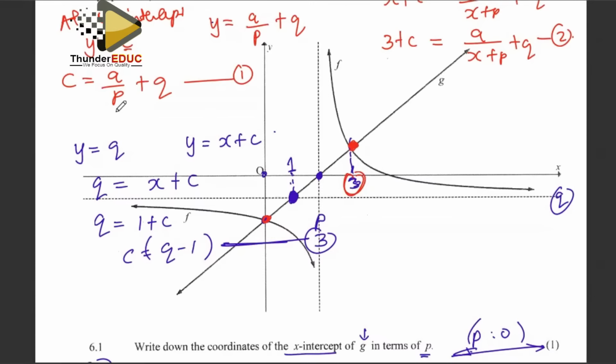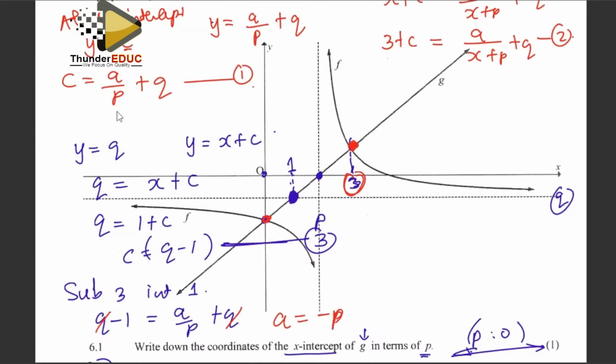Okay, let's do this side and say if we substitute equation 3 into equation number 1, that's going to be q minus 1 is equal to a over p plus q. So you can see that both q's are positive, so this q is going to cancel that q. When I cross multiply, I'll end up with a being negative p.